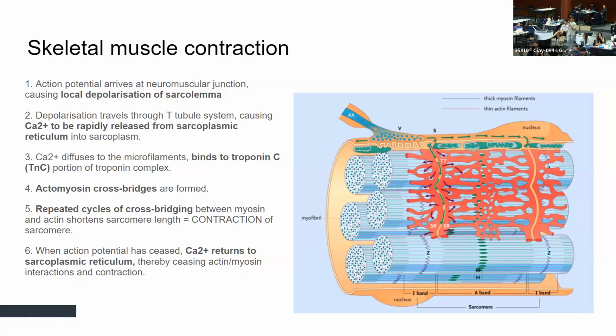This calcium binds to the microfilaments in the cell and binds to troponin C, and this troponin C activates some sort of cascade that forms cross-bridging between actin and myosin. These repeated cycles of cross-bridging cause contraction of the sarcomere. When the action potential has ceased, the calcium returns to the sarcoplasmic reticulum, thereby ceasing actin and myosin interactions and contraction.